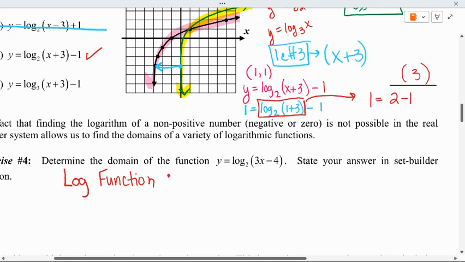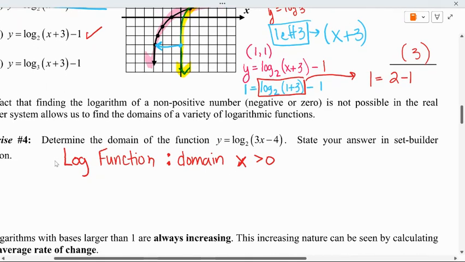X has to be greater than 0. So for our domain, X is greater than 0. Okay, well, that means, typically we write it as log of some base of X. That just means that this is representing the function that we're evaluating, right?